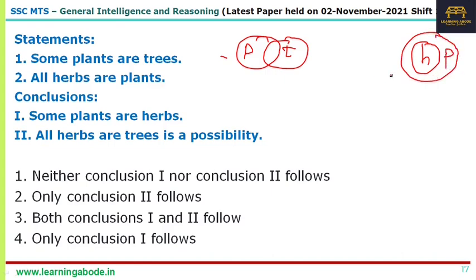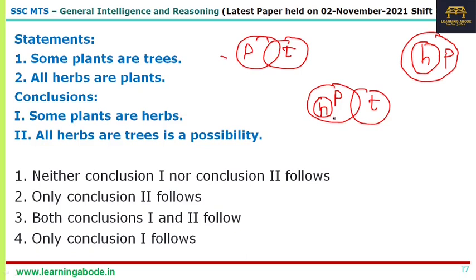I have drawn these as separate statements. Now what happens if you combine them together? There are multiple possibilities. One possibility is that you have plants and then trees, so some plants are trees, and then all herbs are plants.